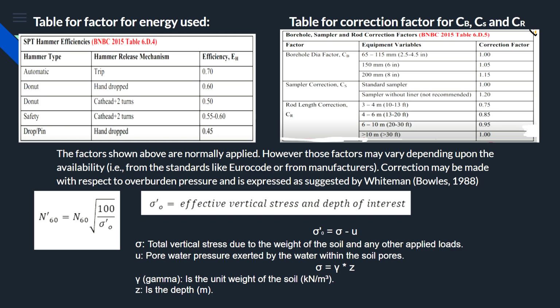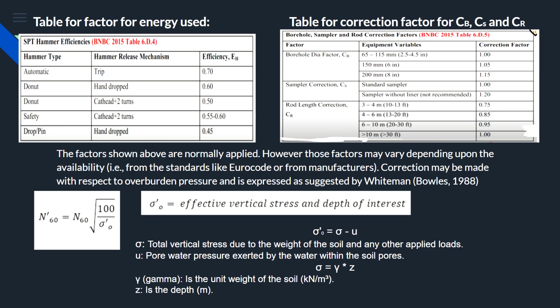The first table shown in the top left is the table for energy use. The SPT hammer efficiencies based on BNBC 2015 Table 6D4 show different types of efficiency coefficients with different types of hammer and the release mechanism of the hammer, while the table next to it is the table for correction factors for CB, CS, and CR.